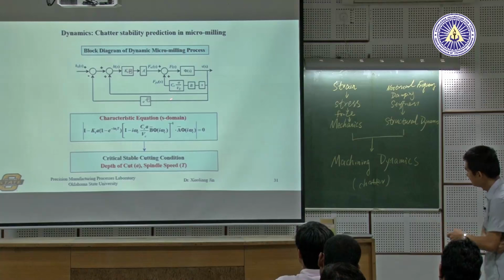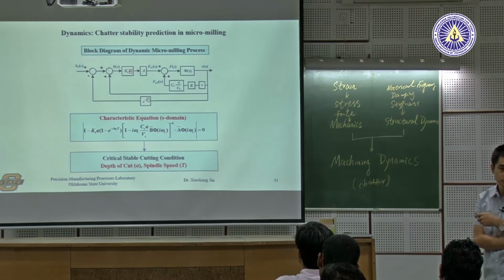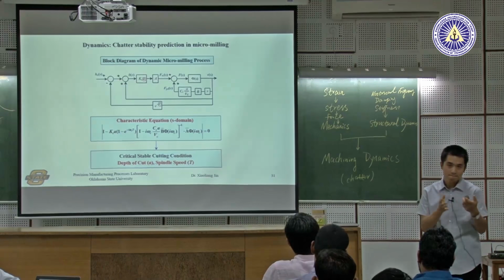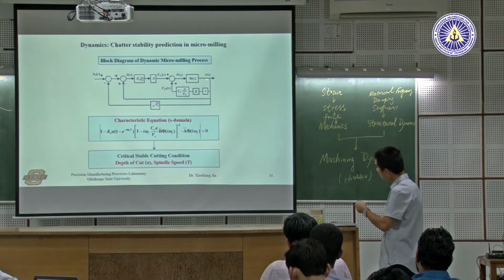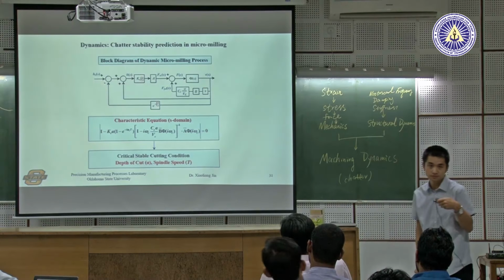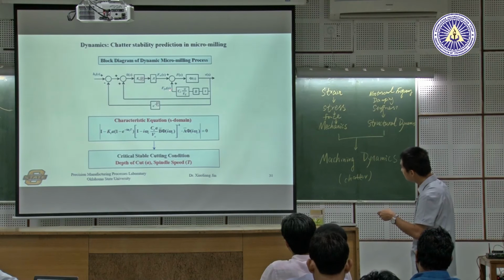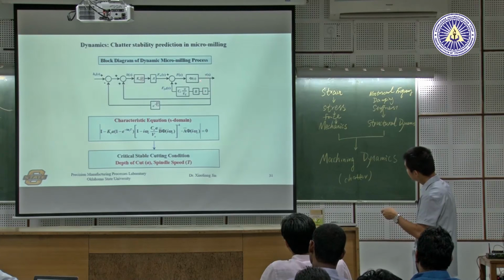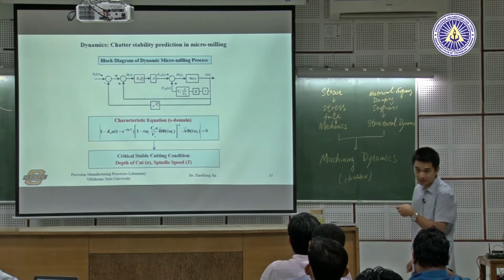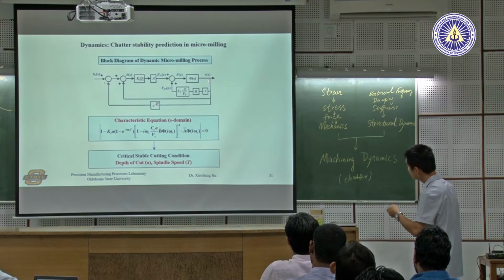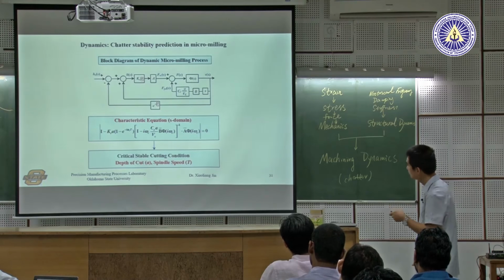So now here is the chatter stability block diagram, right? Since we consider the damping, we add one more feedback loop. Because it's damping, it's proportional to the velocity, not the displacement, and here the output is the displacement. That's why we add S, it's in the Laplace domain.